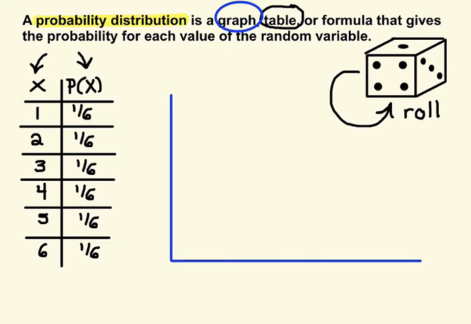And the random variable can be a 1, a 2, a 3, a 4, a 5, or a 6. And each one of these takes on the same probability, which is 1/6.